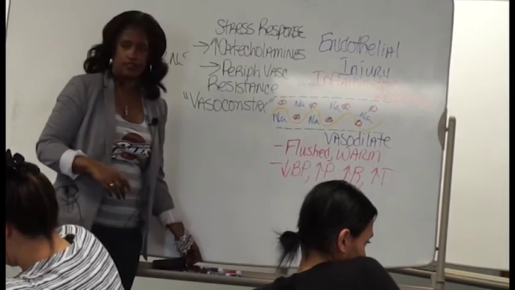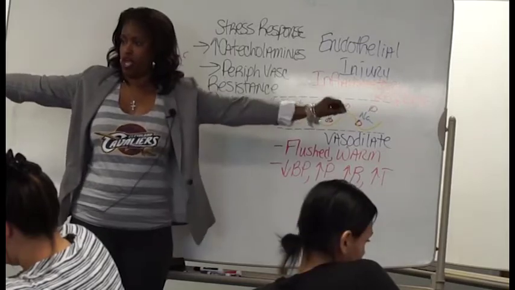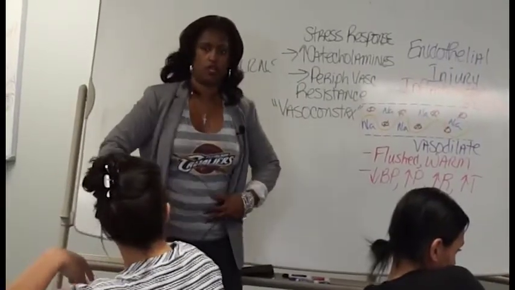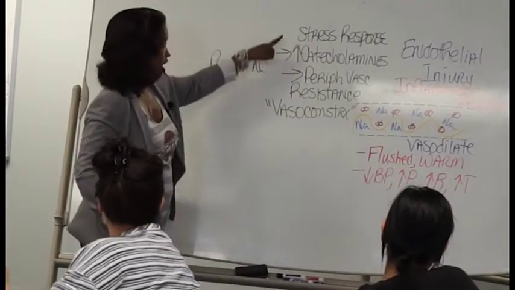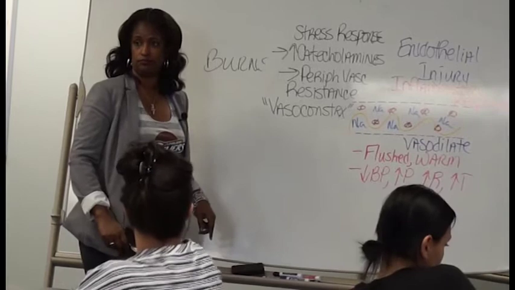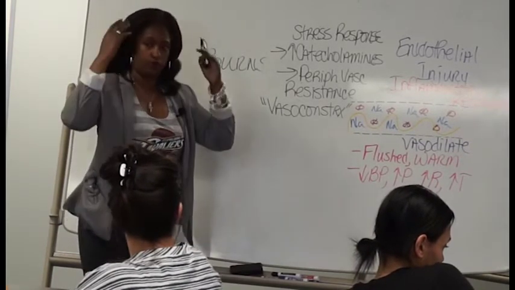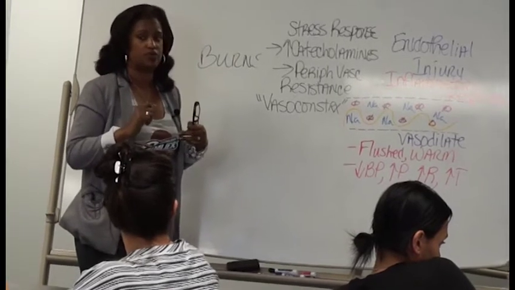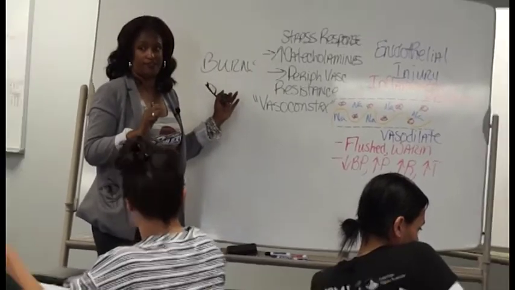So look at this. Your hands and your arms, your feet and your legs, your digestion, your kidneys are all getting shut down. Why? Because of DIC and burns, we need more blood to our brain, more blood to our heart, especially with DIC. Burn patients, it depends on how bad they were burned.